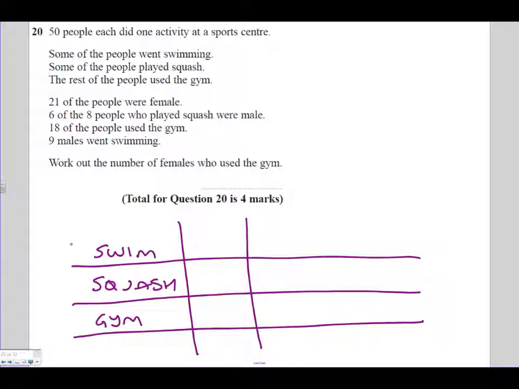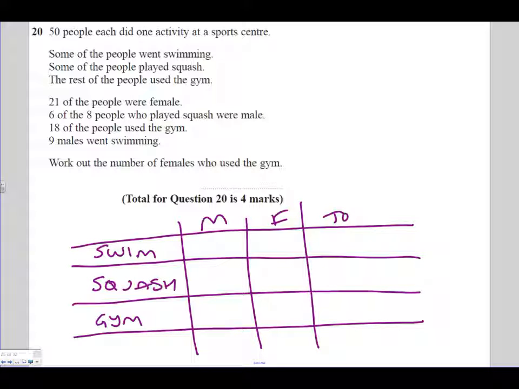And these people were either male or female. So you'll have a total for the number that went swimming, played squash, or to the gym, and we'll have a total for males and females, and the total overall for the people who went to the gym.